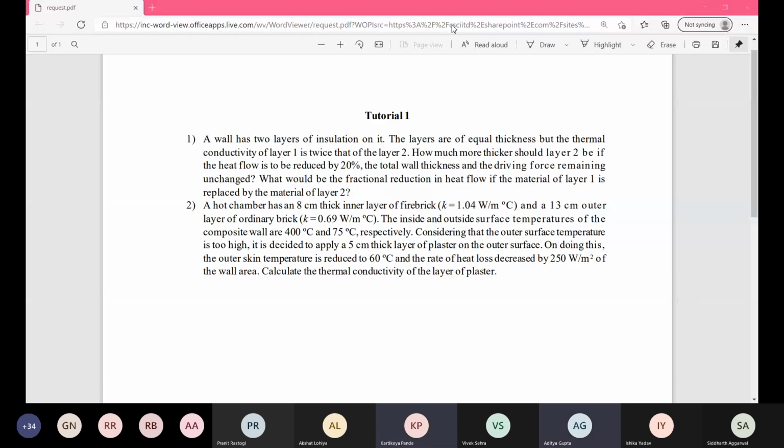Yeah, right. It's 0.6. Others also try, and please let us know if you get the same answer.